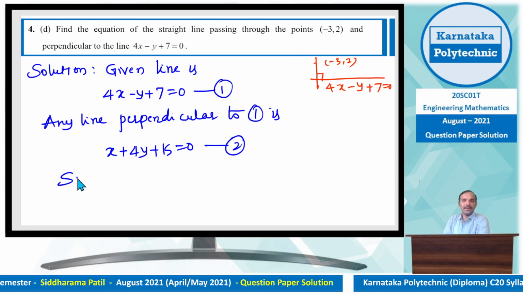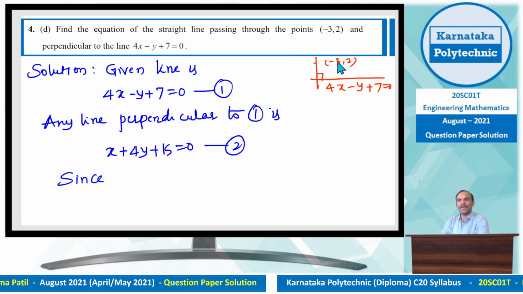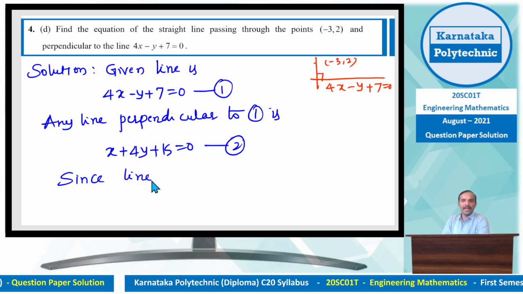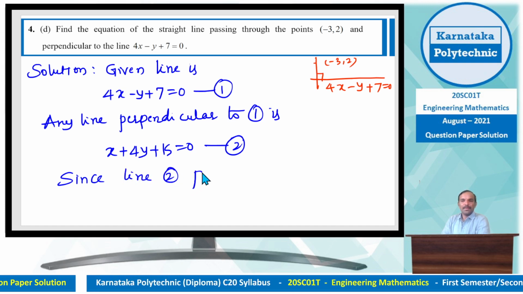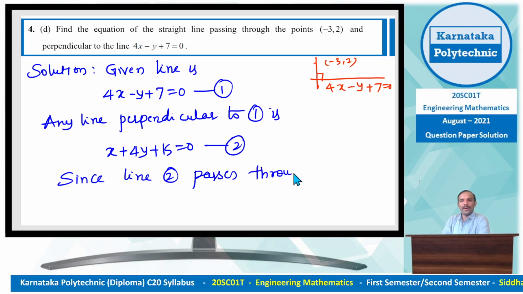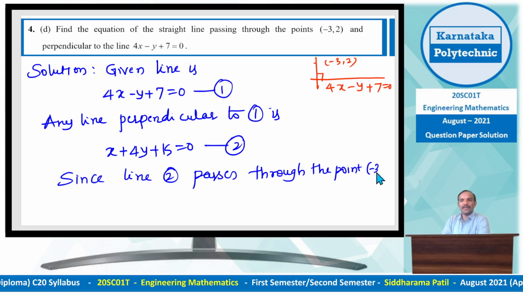Since equation 2, the equation of the second line, passes through minus 3 comma 2, it satisfies the equation. Since line 2 passes through the point minus 3 comma 2, now put x equal to minus 3, y equal to 2.